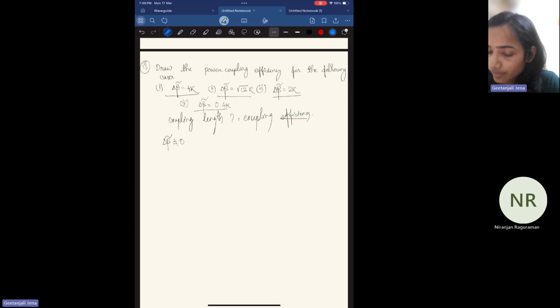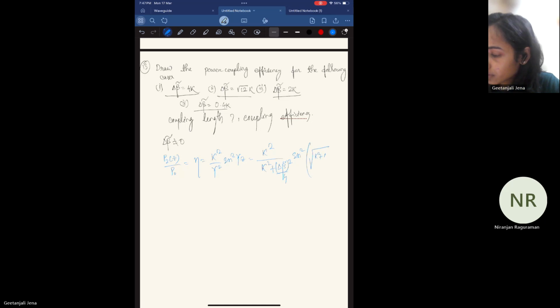And for non-identical waveguides, we have P2 of Z over P0 is kappa square over gamma square, sine square gamma Z. This you can write as kappa square over kappa square plus delta beta tilde square by 4, sine square. I'm just rewriting it so that we can express the formula in terms of the given parameter.